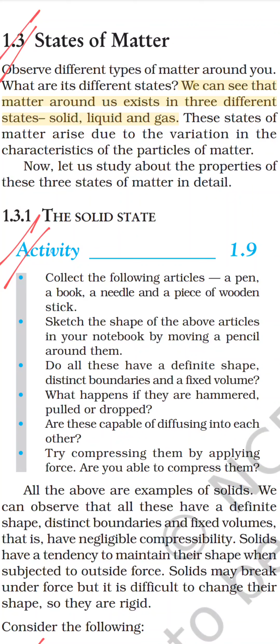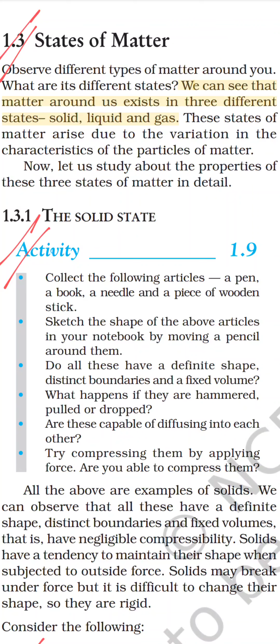These states of matter arise due to the variation in the characteristics of the particles of matter. Now, let us study the properties of these three states of matter in detail. First, the solid state.